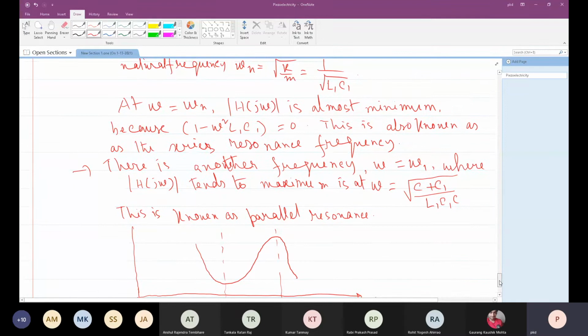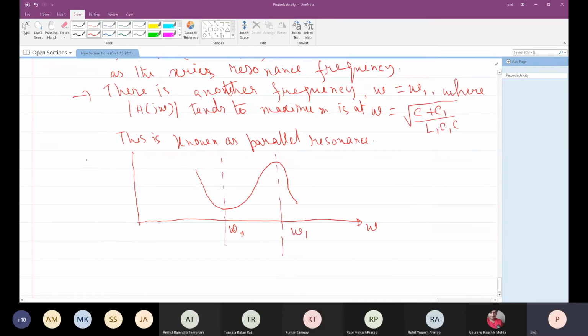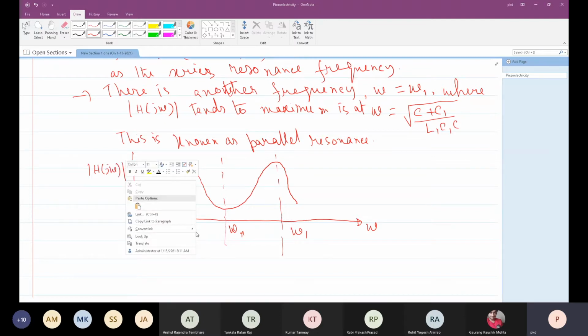So this is the magnitude response. This side is the magnitude of Hj omega. This is 0, omega n, omega.